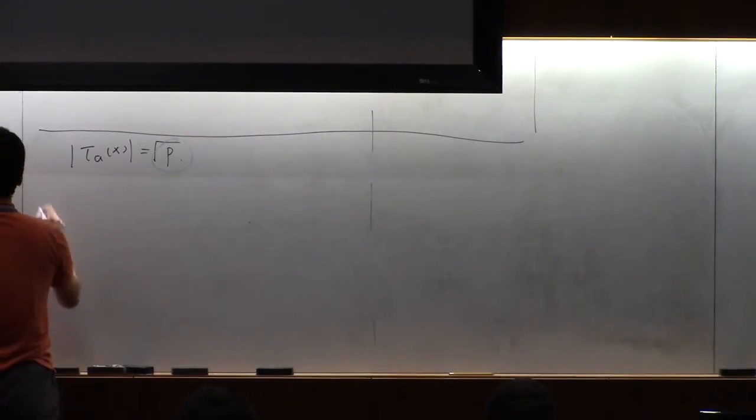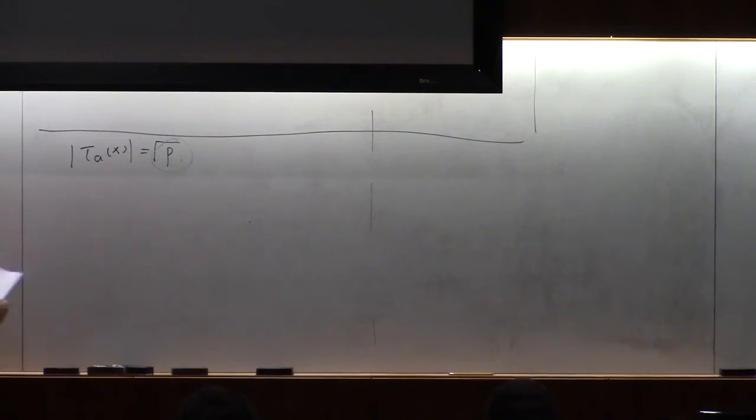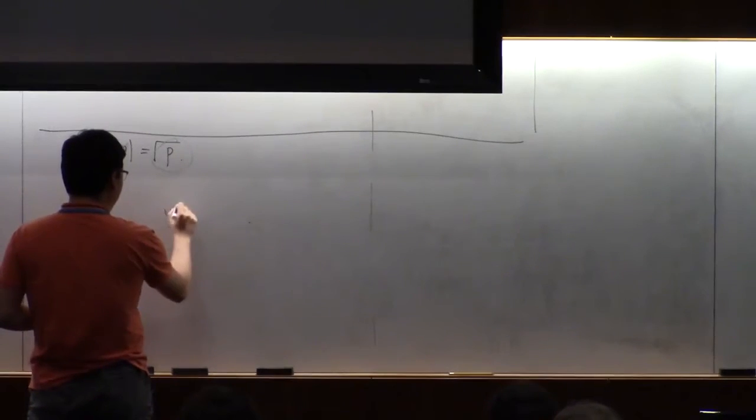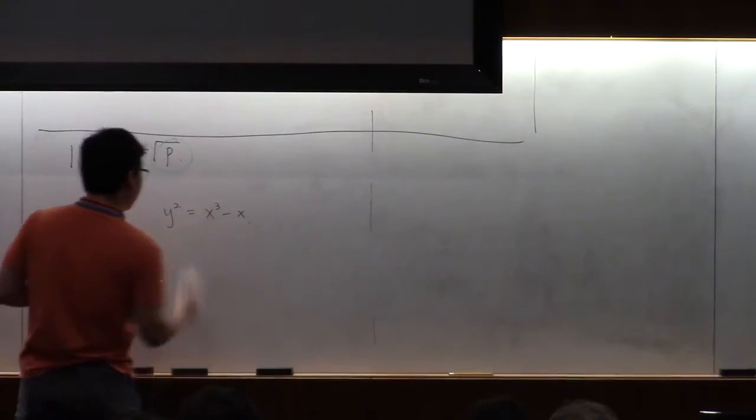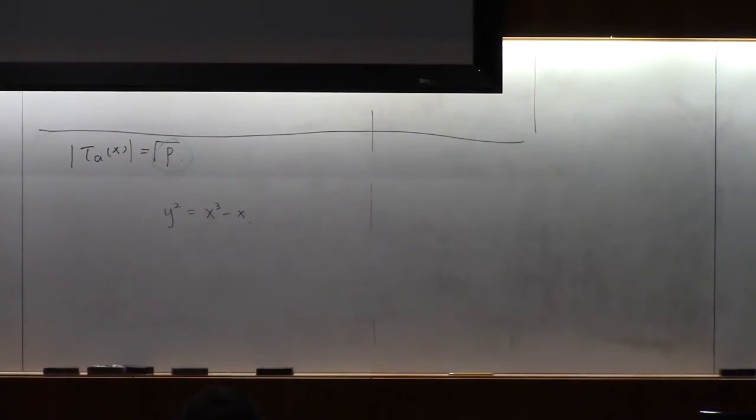The second is the number of solutions of equations over finite fields. As a special example, I want to consider this equation: y squared equals x cubed minus x. This is an equation of two variables.